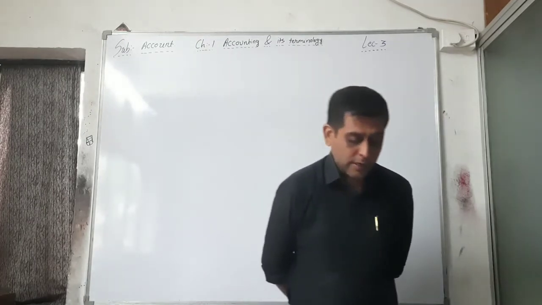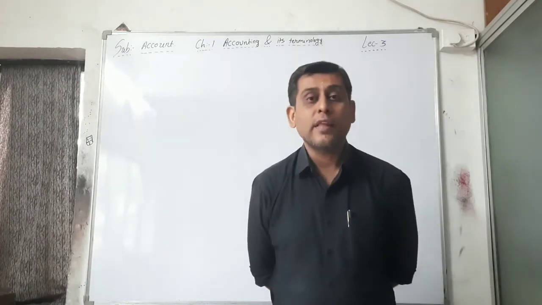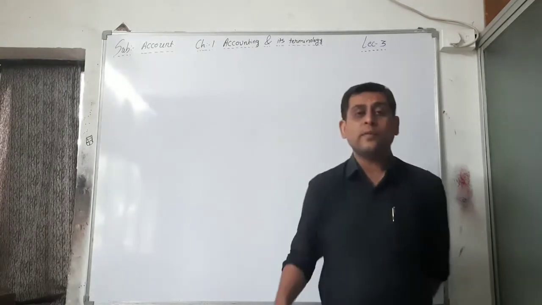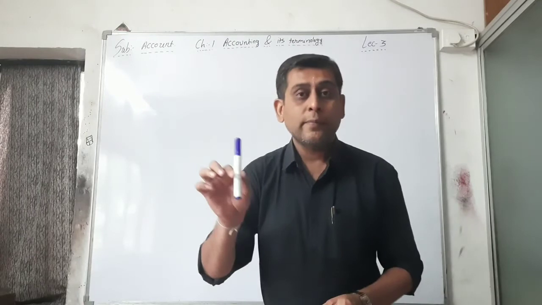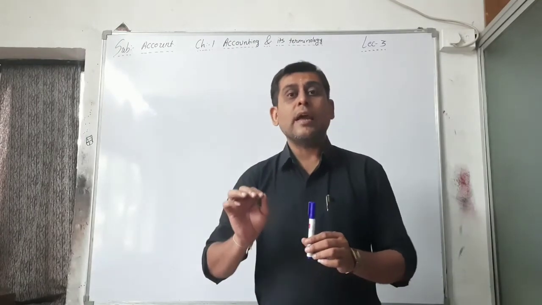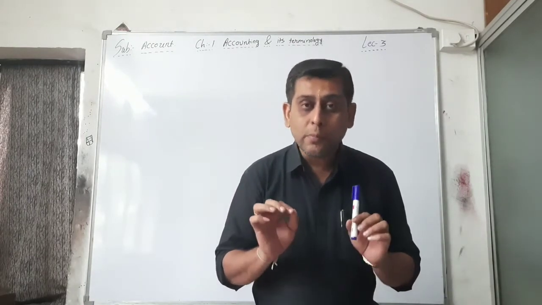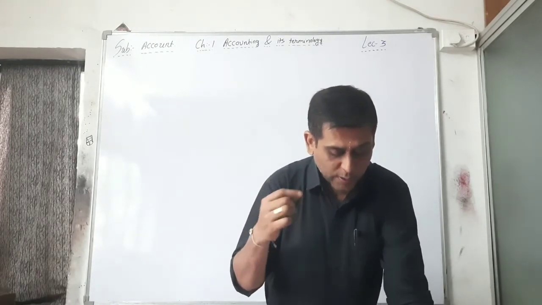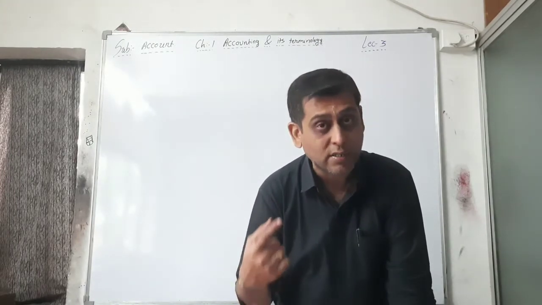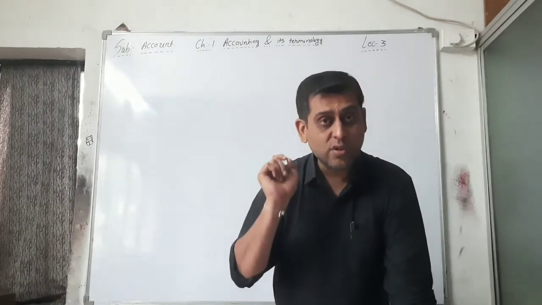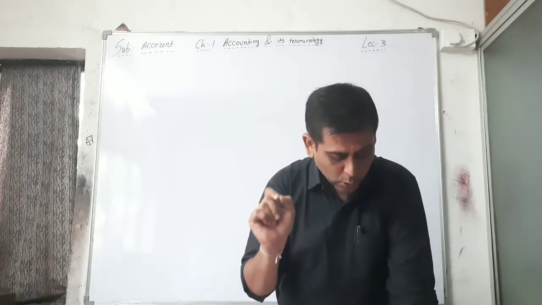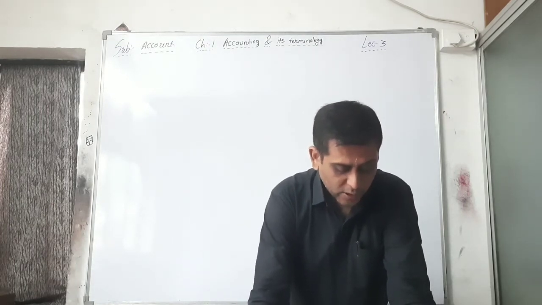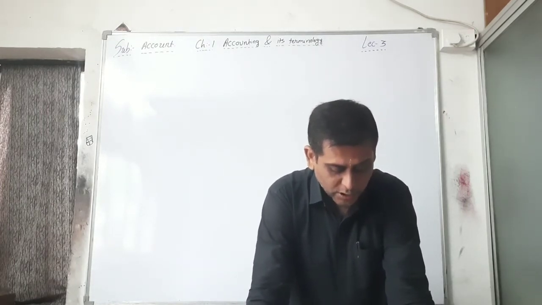If I am selling this particular pen, then I get the money, and that is called a receipt for me. See the words business transaction. These receipts are classified on the basis of their nature.